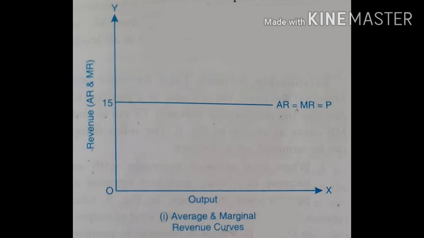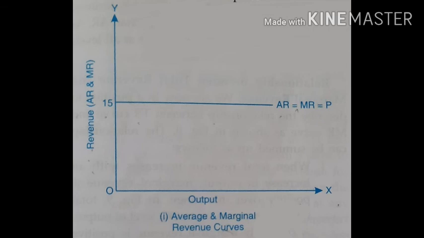It is equal to rupees 15 here, so the price line is constant. In economic terms, the AR curve is a horizontal straight line parallel to the X axis drawn at the level of market price, OP, as shown in the diagram.